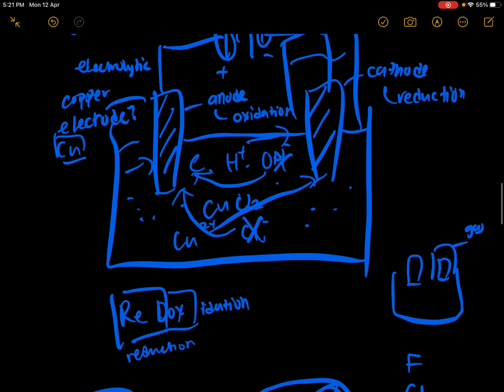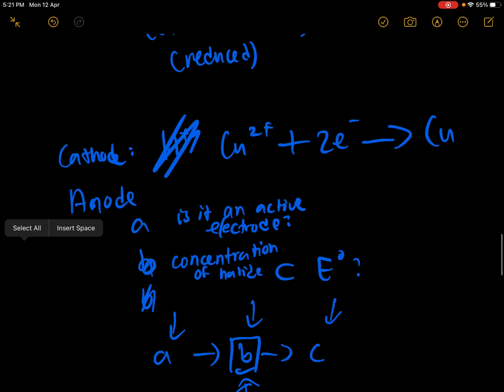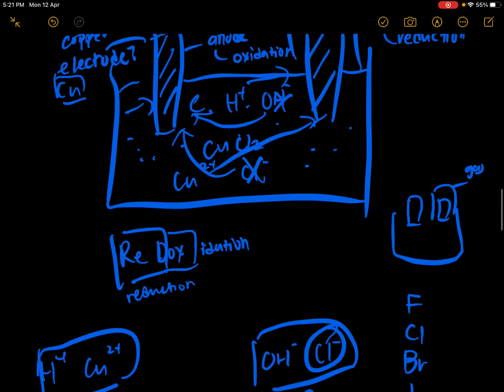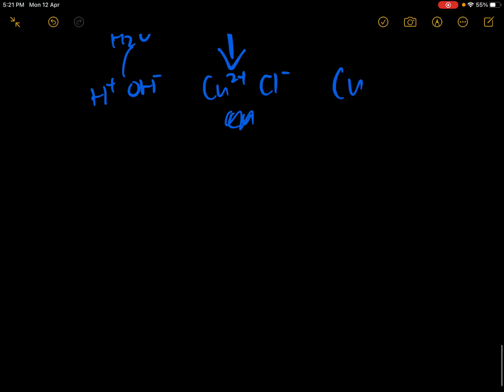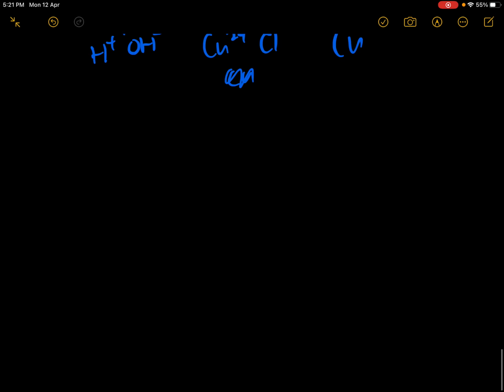So for example, over here is copper. Since copper is reduced at the electrode, the copper sticks onto the electrode. So now this whole part is copper. So you have to consider those observations.